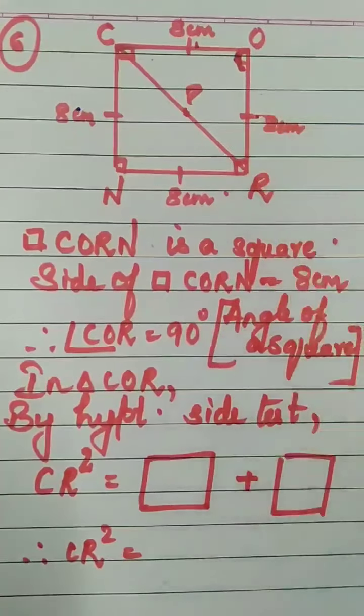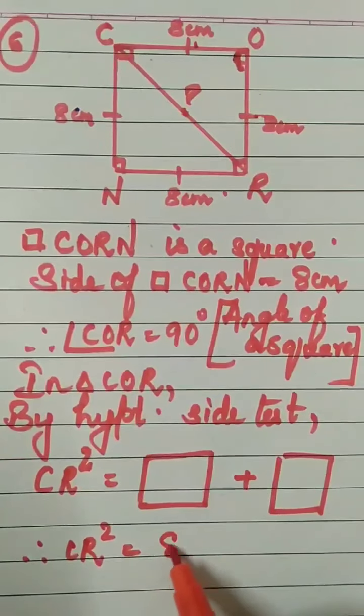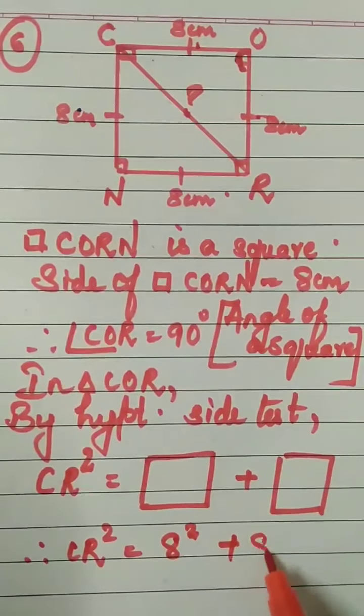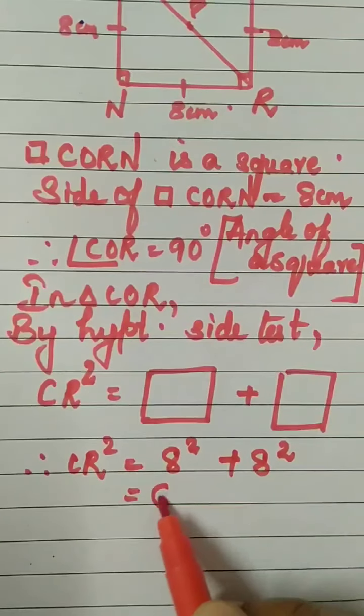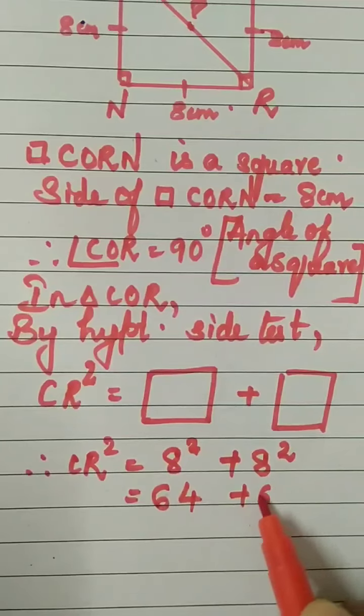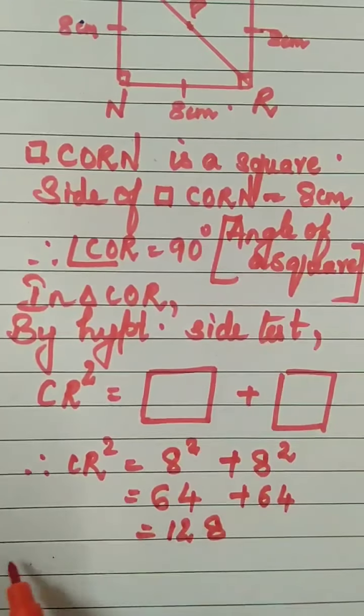This one side square plus other side square. Both the sides are 8 centimeter. So 8 square plus 8 square. 8 square is 64, no? Plus 64 is equal to 128.